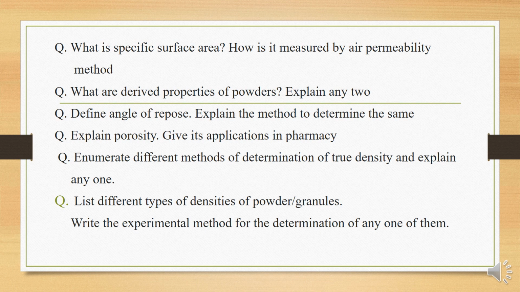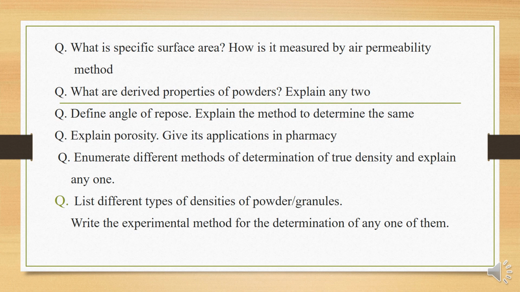We can estimate the specific surface area, S_W, by dividing the surface area by the weight, and you can also write it as surface area divided by density into volume.